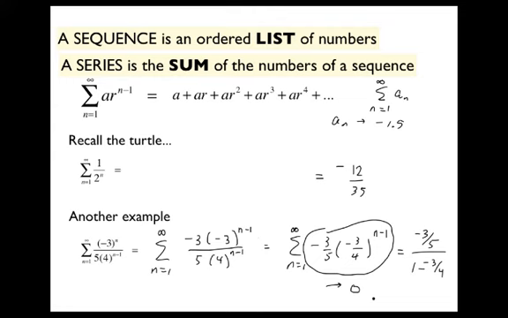Why does that sequence go to 0? Because r is between negative 1 and 1. So if it's in that form, that's all we have to look for is that r.